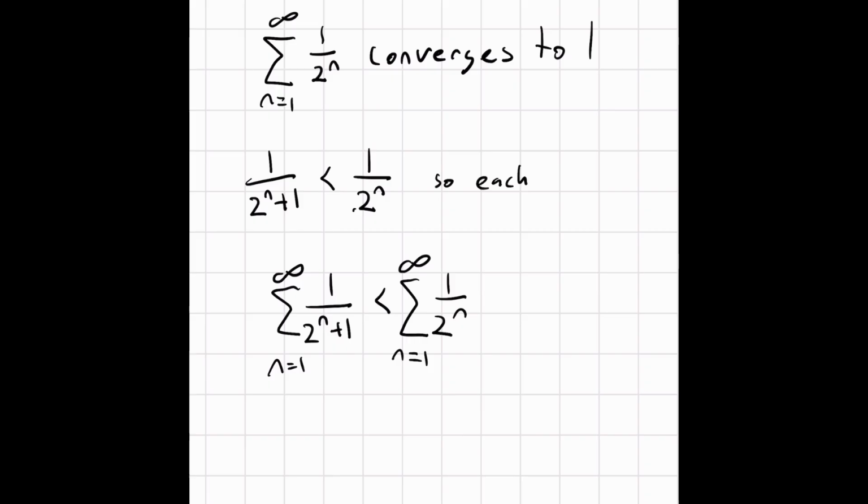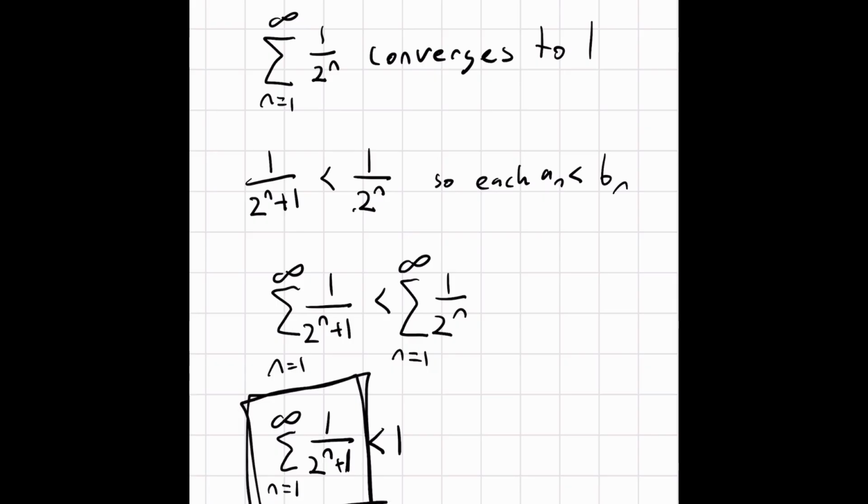So each an is less than, let's call them bn. Well, we already figured out that the term on the right-hand side converges to 1. So I know that this series must converge as well because it is less than 1.